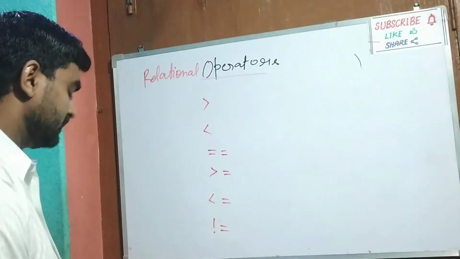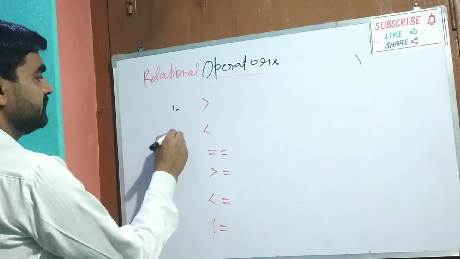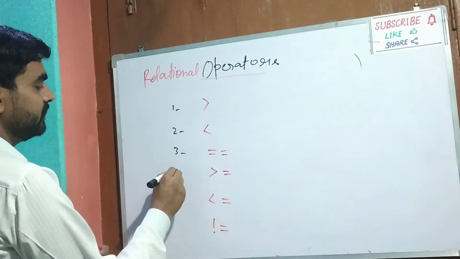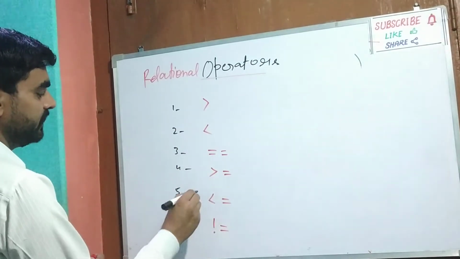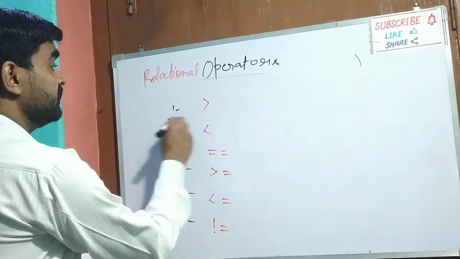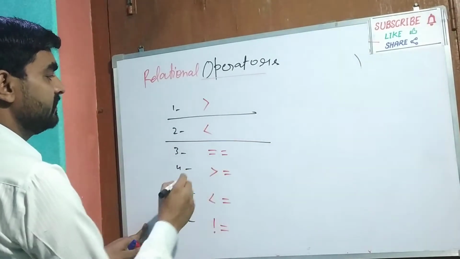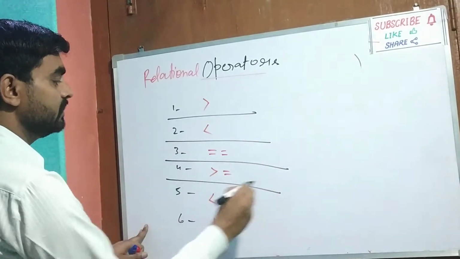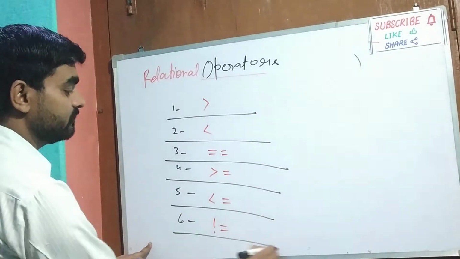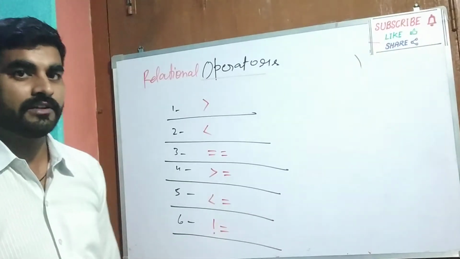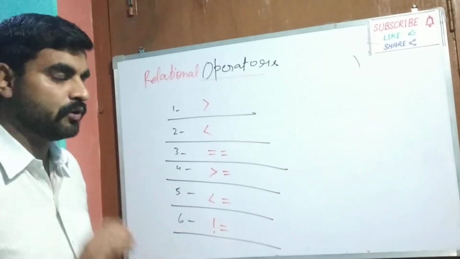Yes, students, these are the 6: first, second, third, fourth, fifth, sixth. Greater than, less than, equal to, greater than or equal to, less than or equal to, and this one is not equal to.